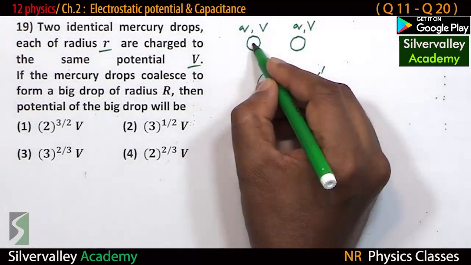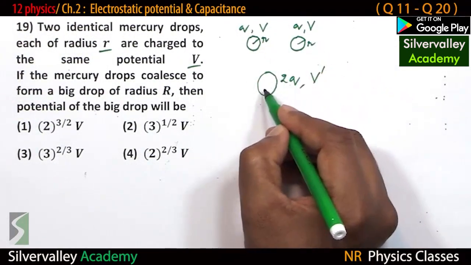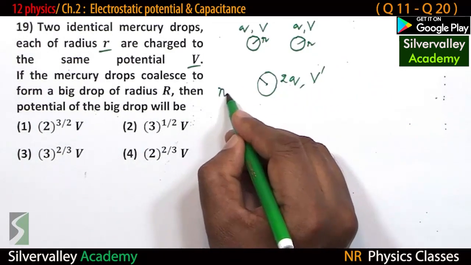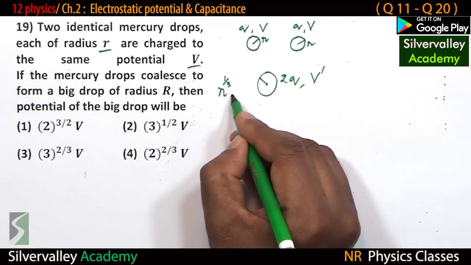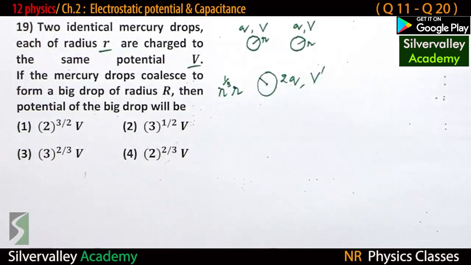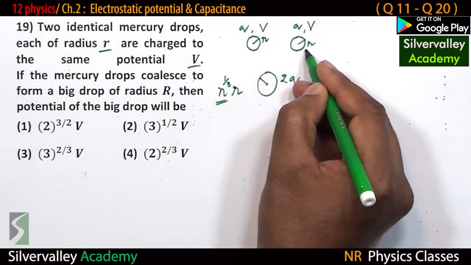If radius of smaller sphere is r, then radius of bigger sphere is cube root of n into r, where n is number of drops. Okay.